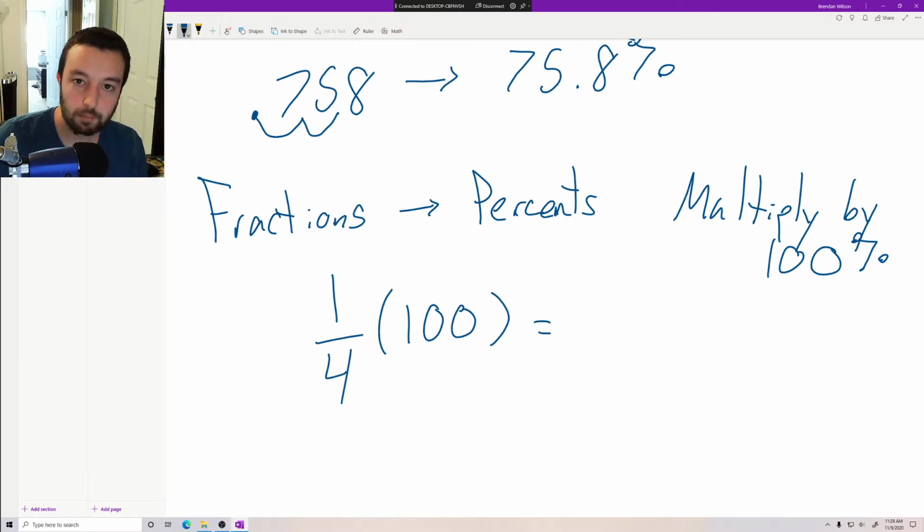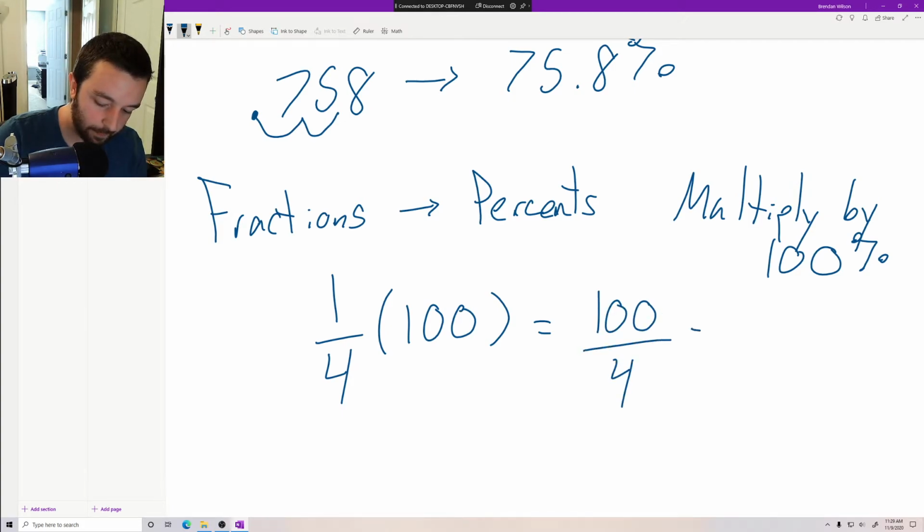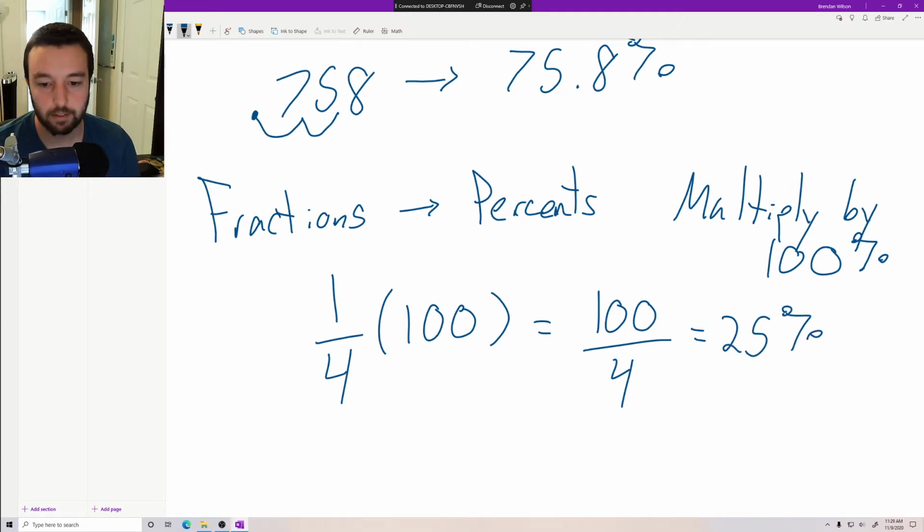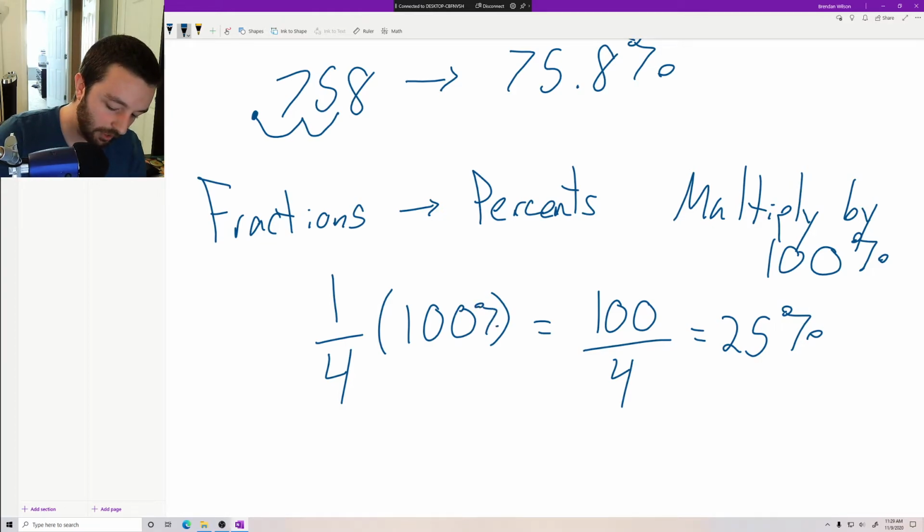So just remember how we multiply fractions. We do 100 times the top, and then divide on the bottom. Okay. It's like we're doing 100 divided by 1 times 1/4. So 100 times 1 and 4 times 1. 100 divided by 4 is 25. So we end up with 25%. Okay. Technically, maybe we should have percent signs on this, just to make it clear that that's where we're going to end up. Okay.